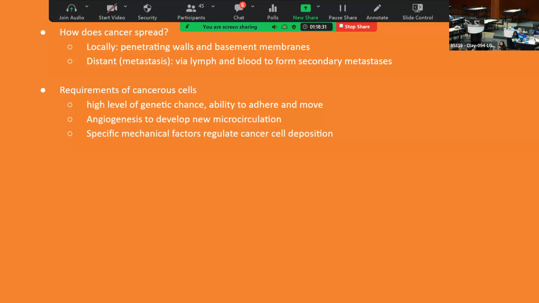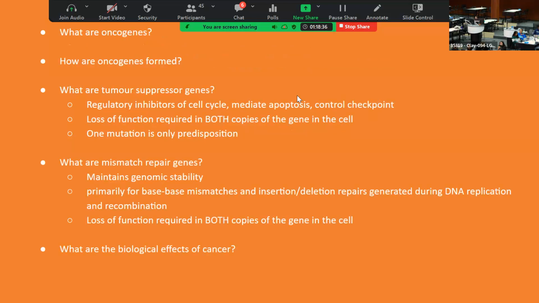And this is the last slide that I have. So we are looking at what oncogenes are. These definitions are quite important for you to know. So oncogenes, what are they? They're altered forms of normal cellular genes. They promote growth, while proto-oncogenes are normal growth, development, and differentiation genes.